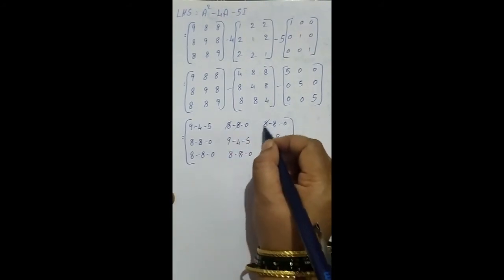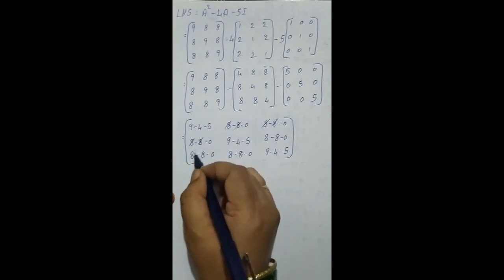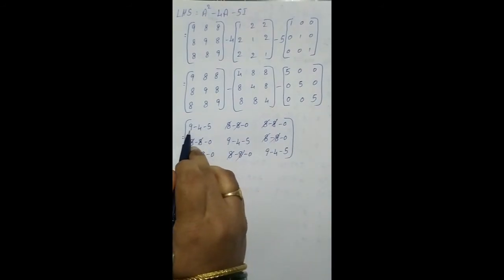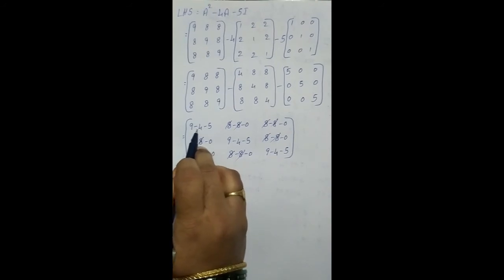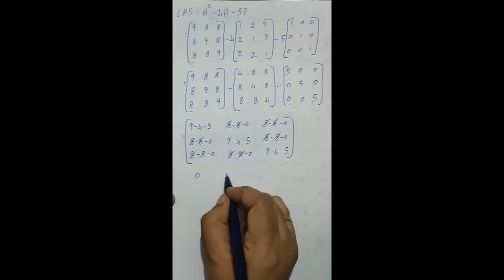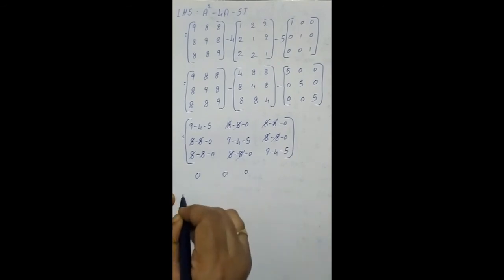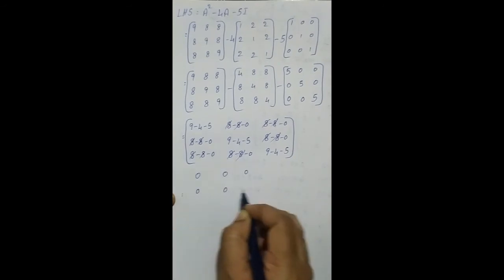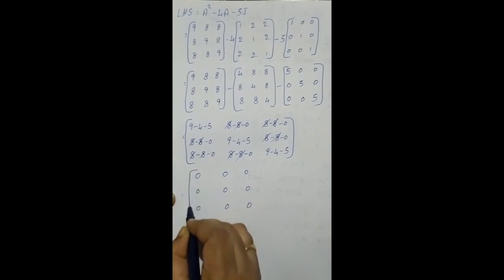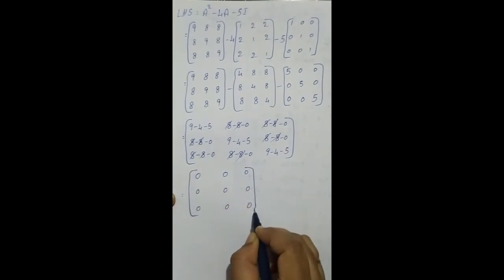Here minus 8 plus 8, minus 8 got cancelled. In the same way, 9 minus 4 minus 5, 9 minus 9, 0. Here also 0, 0, 0, 0, 0, 0, 0, 0. All the elements are 0.